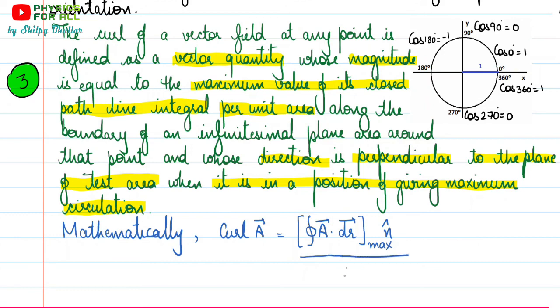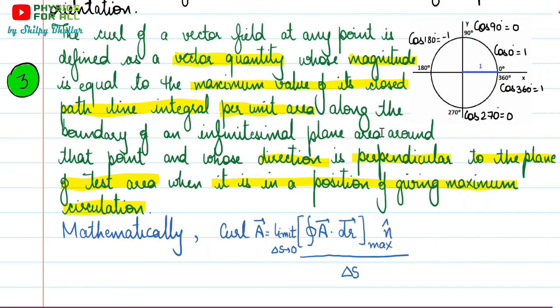So this delta S is important because we have to consider that particular area, and then we have to put this limit delta S tending to 0, the way we put the limit delta V tending to 0 in case of divergence. Why? Because here we have said that we are considering an infinitesimal plane area, so that area that we have considered is very small.